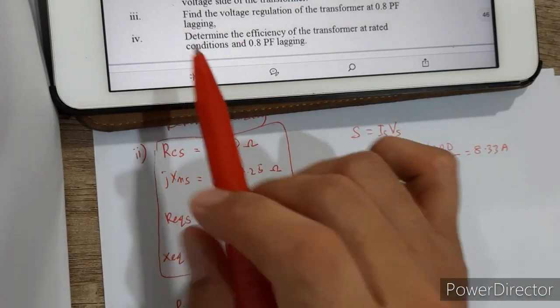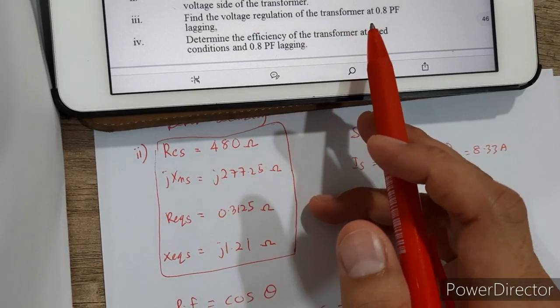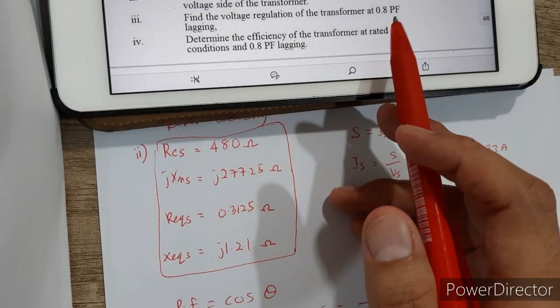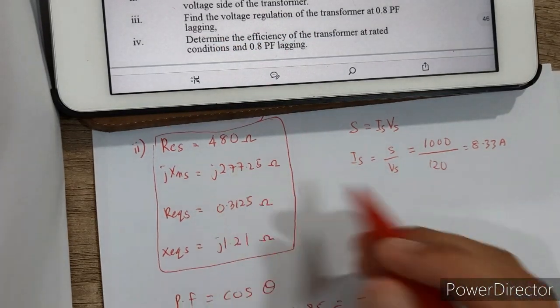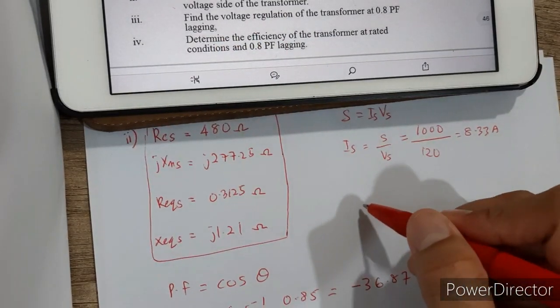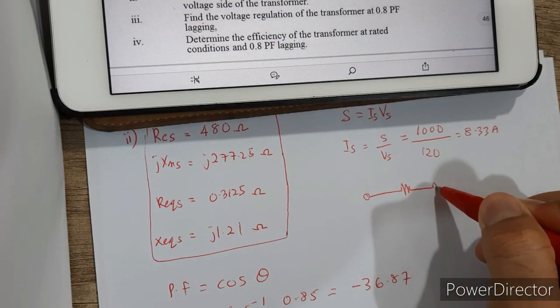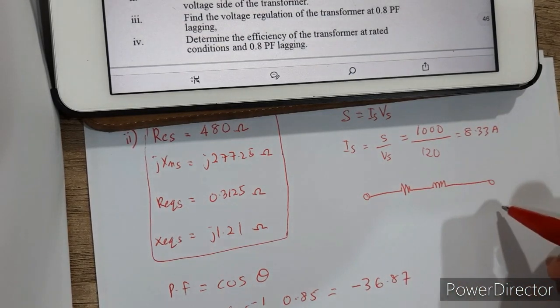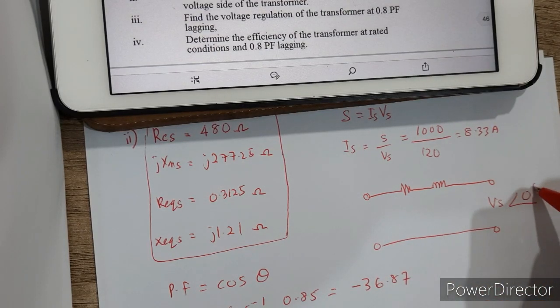So for number 3, we want to determine the voltage regulation of the transformer at 0.8 power factor lagging. Firstly, when we draw the circuit, remember the circuit is R equivalent S, jX equivalent S, and then we have VS with an angle of 0 degree.